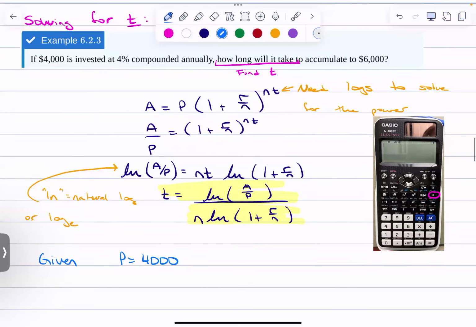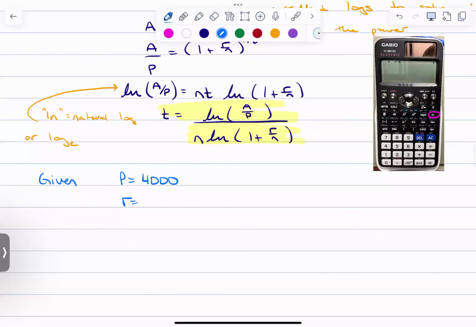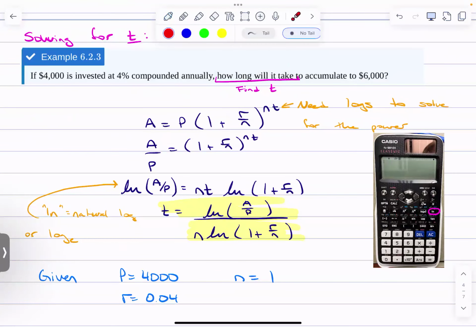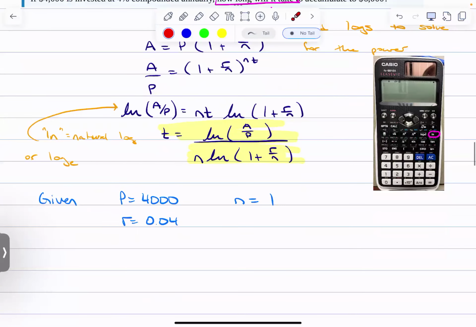And so R is 0.04. And compounded annually, N is just 1. Right, 1 time per year. That's nice. How long will it take? So we want to find T to accumulate to $6,000, which means A must be $6,000.